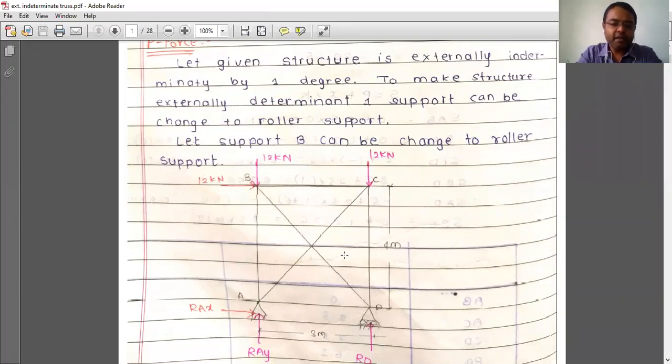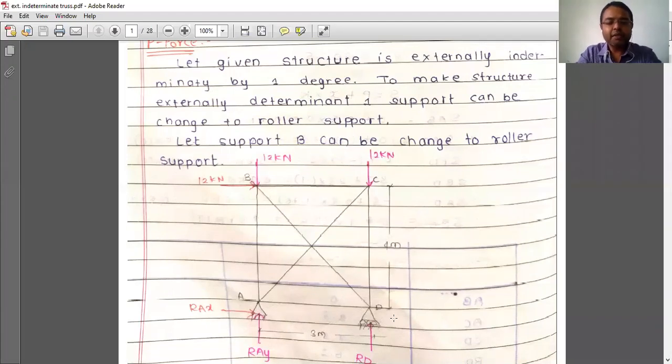As the given structure is externally indeterminate, to make it determinate we have to make a change externally. Of course, the supports are provided at the external side, and that's why it is called an externally indeterminate truss.